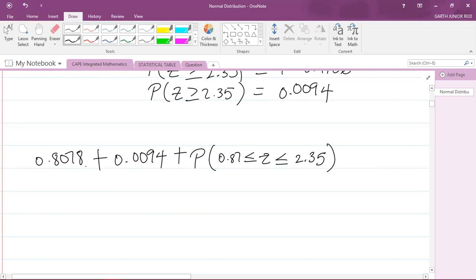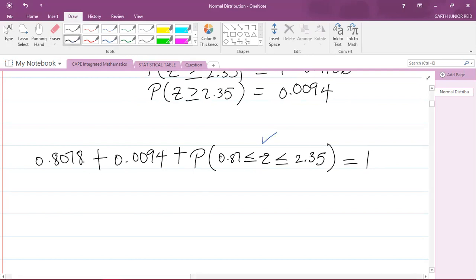And we know that when we add all of those three probabilities, it must be equal to 1. Great. So all I'm going to do is transpose this equation now to find the probability here.